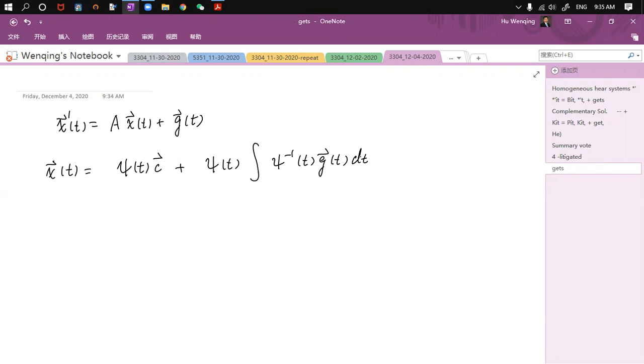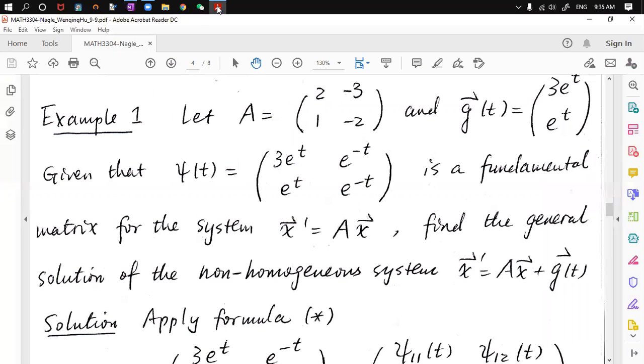Now the rest of the story is just to apply this formula. How do we find the fundamental matrix? Well, remember, it is a solution of the corresponding homogeneous equation. But do we have to solve it? We don't, because it is already given in this problem.